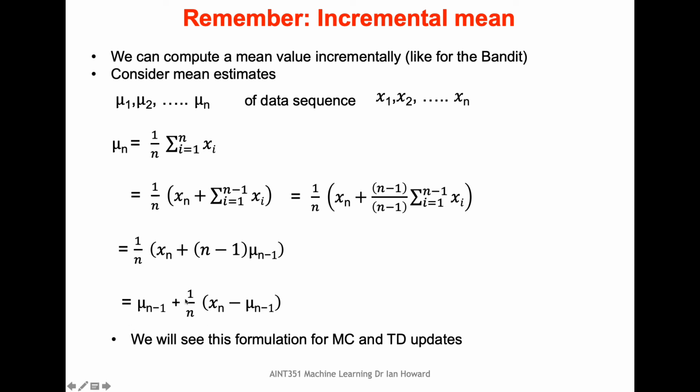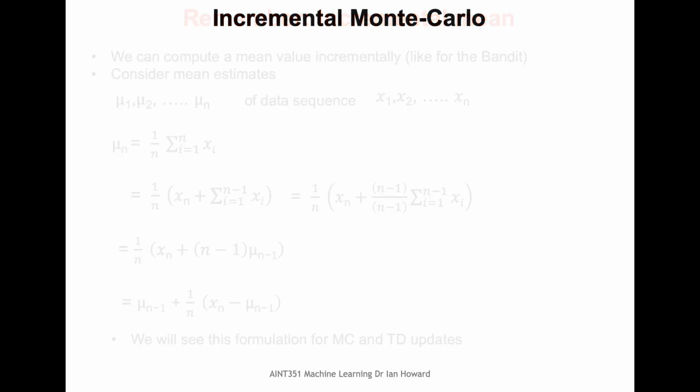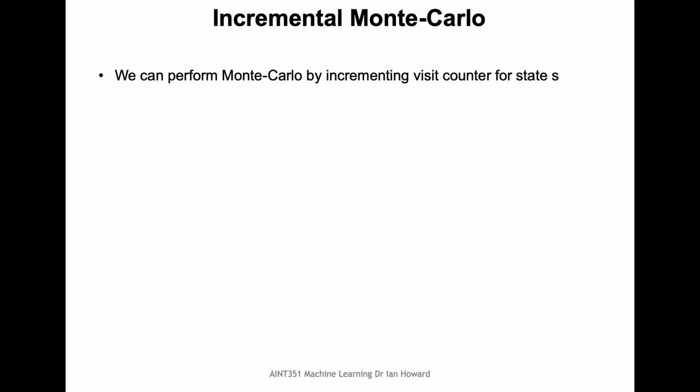Just like when calculating the mean, we use the mean for the n-1 values, and then we add on a scaled version of the new value, take away the old value, and do it in an incremental way. We use that with Monte Carlo, and we'll use it with temporal difference a bit later on, because it basically means every time you do something you end up updating, rather than calculating all the raw data and then calculating the total number of times and dividing.